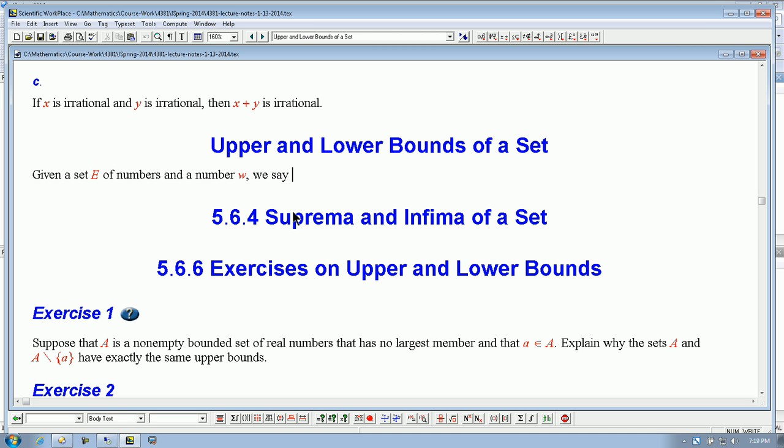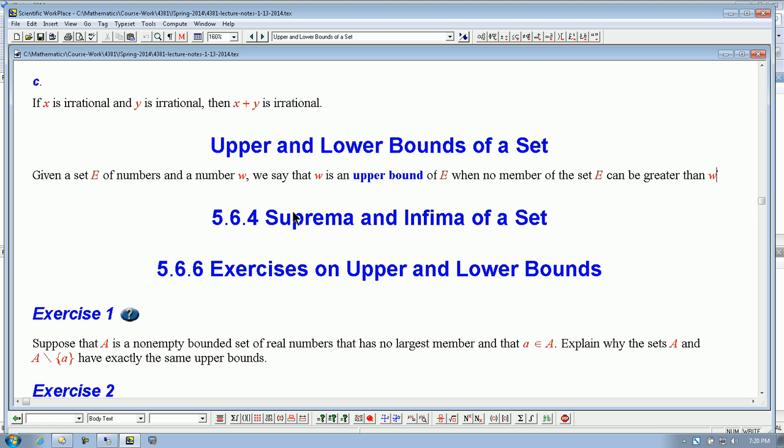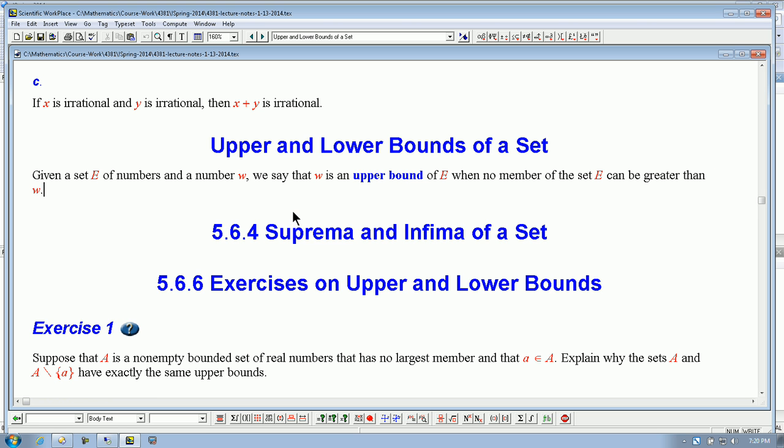given a set E of numbers and a number W, we say that W is an upper bound of E when no member of the set E can be greater than W. We're going to read this and chew on this statement a bunch of times.